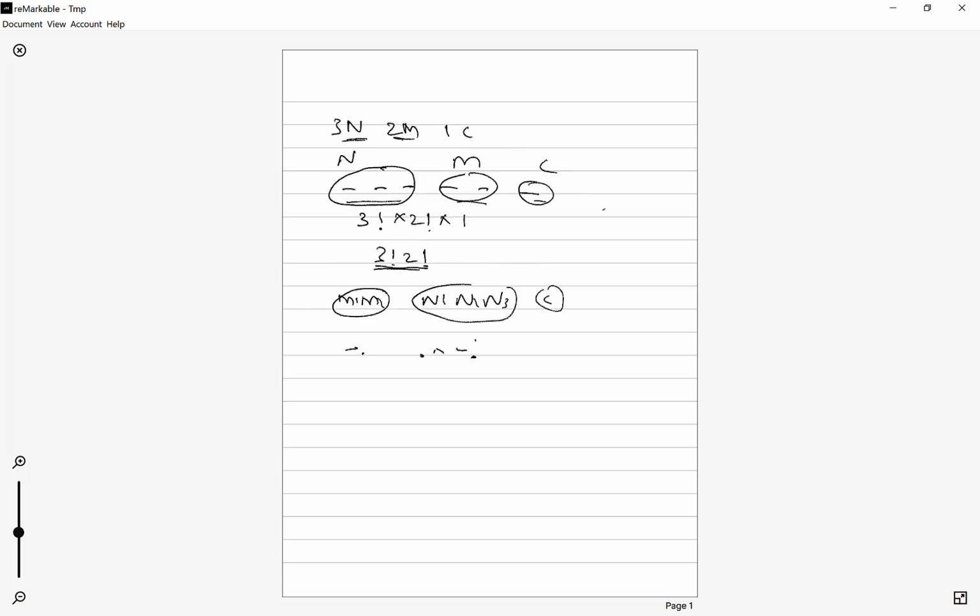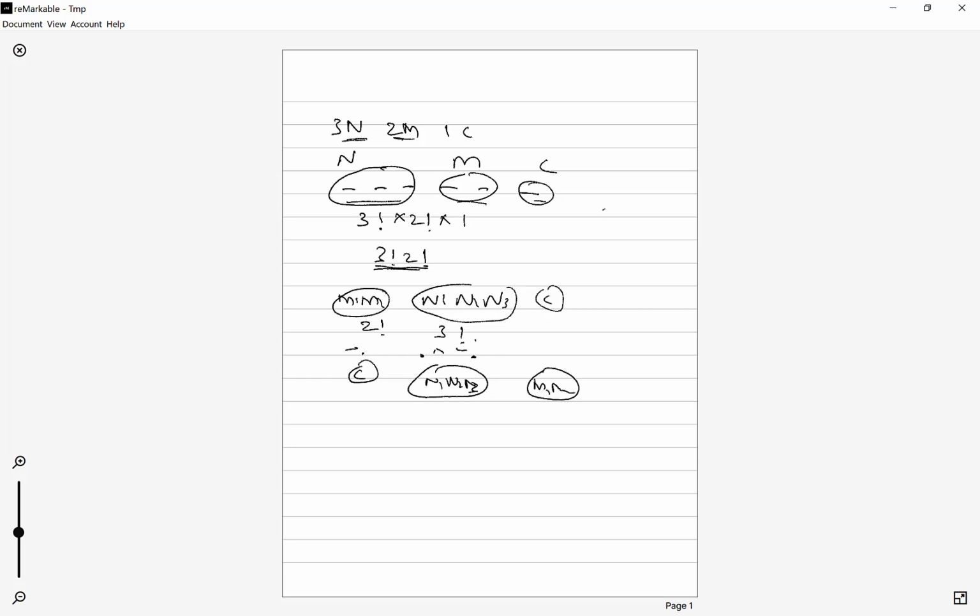Let me just elaborate on this further. So this was the second group, and here again I can permute the math to get 2 factorial, 3 factorial, and the third possibility is I can have chemistry, I can have N1, N2, N3, I can have M1, M2.